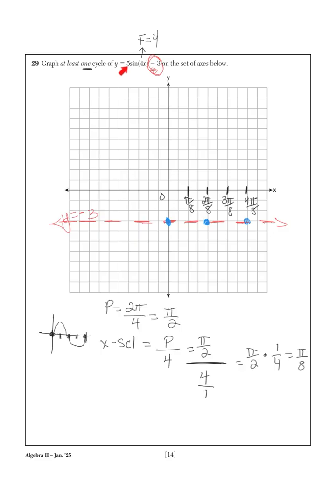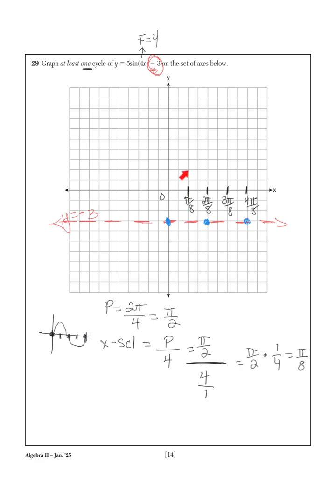How much am I going up? I'm going up 5. So here I am at -3, so I'm going to go 1, 2, 3, 4, 5. That's how high I'm going to be right here, okay? Because I'm looking for the middle of these 2 dots, which is right here, pi over 8, and then I have to go up 5. 1, 2, 3, 4, 5.